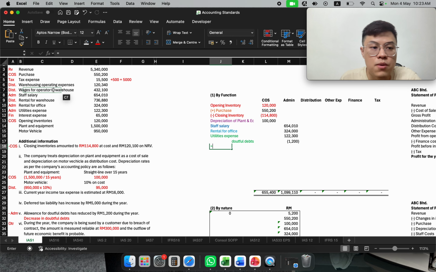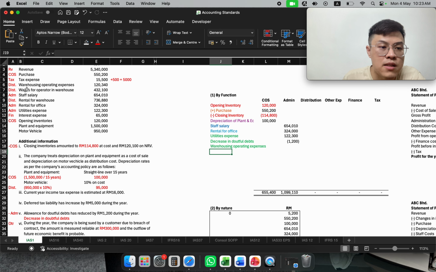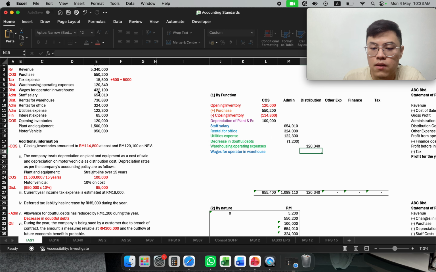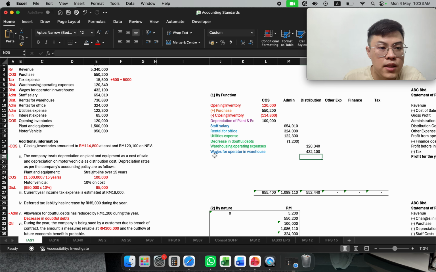So let's start with distribution. Warehouse operating expense, wages for operator in warehouse. And we have our distributions, rental for warehouse.